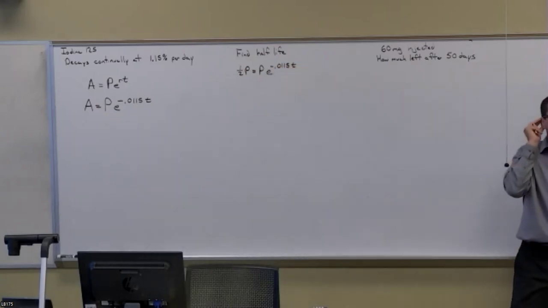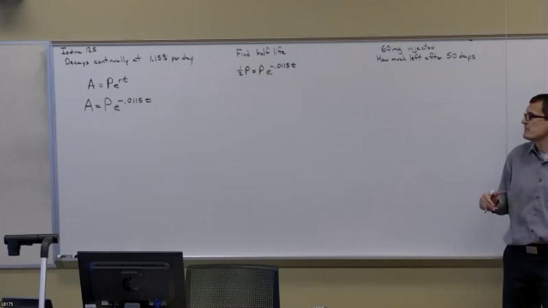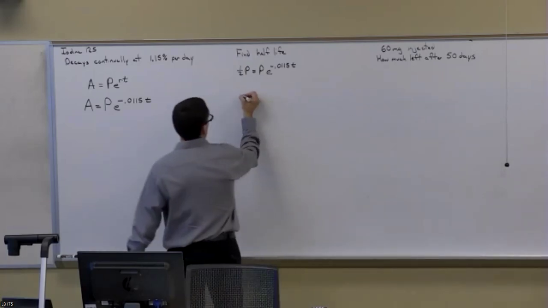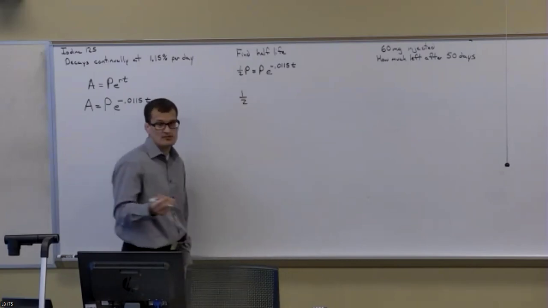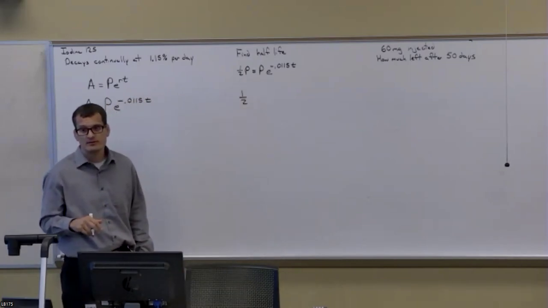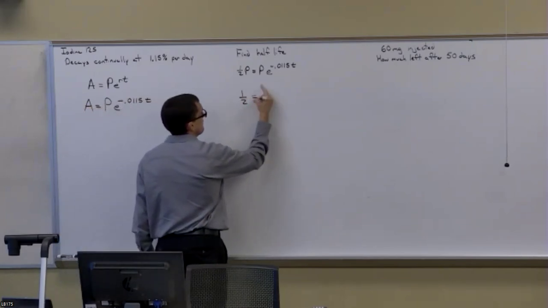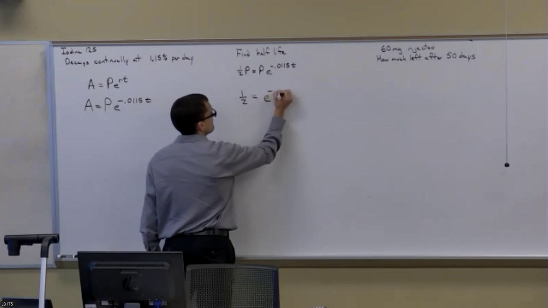Whatever my starting amount is, it'll get cut in half, and that would be my ending amount. So I'm solving this equation. Some people just use the number 1 for P because that's easier. You can use whatever number you want, including a variable P, like I did.